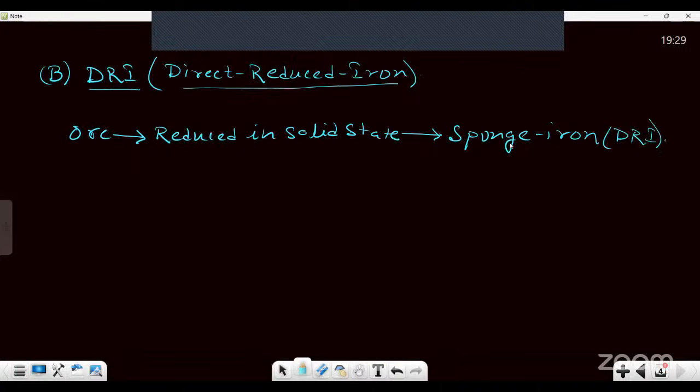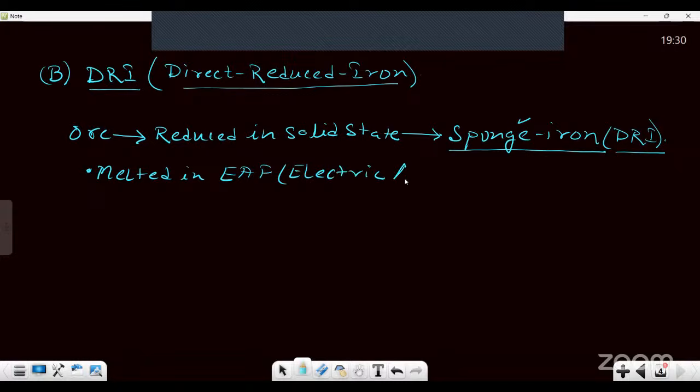The sponge iron, we are calling it DRI or the direct reduced iron. And then it is melted in the electric arc furnace. So this sponge iron that we have got is melted in the electric arc furnace or EAF. Okay, so EAF is nothing but electric arc furnace.